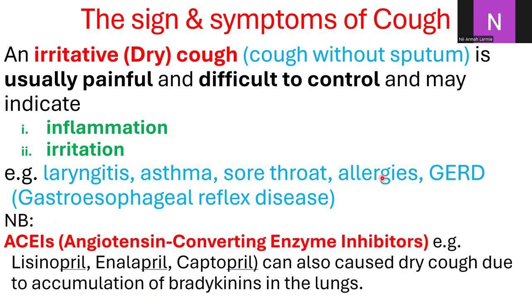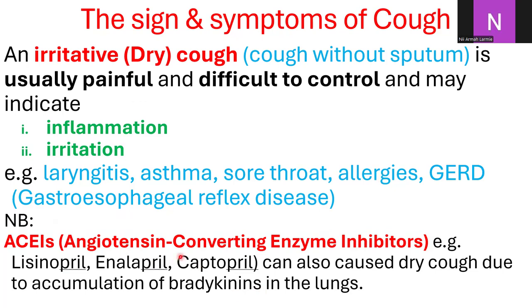And then there is this class of drugs, ACE inhibitors, angiotensin converting enzyme inhibitors, normally used for hypertension and other cardiovascular conditions. You see the examples over there: lisinopril, enalapril, captopril.